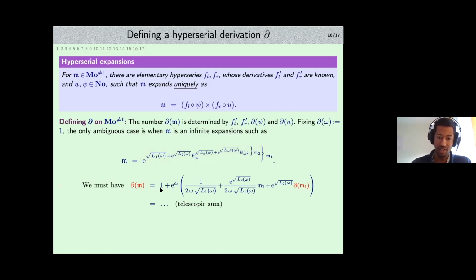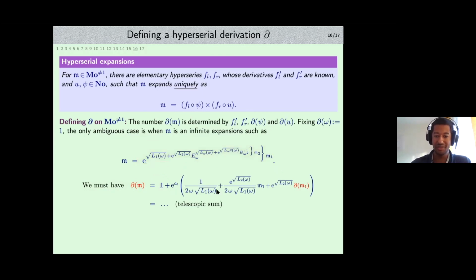That is, you want the derivative of m to be the derivative of this one, which is m1, times the derivative. My formula is wrong, so sorry. So the derivative of m would just be the derivative of m1 times exponential of m1.